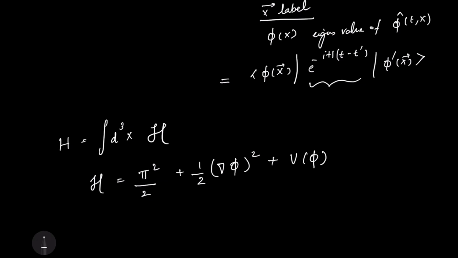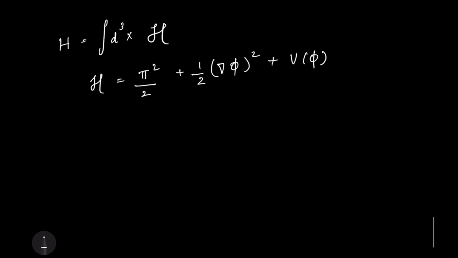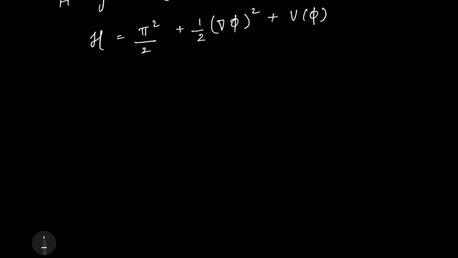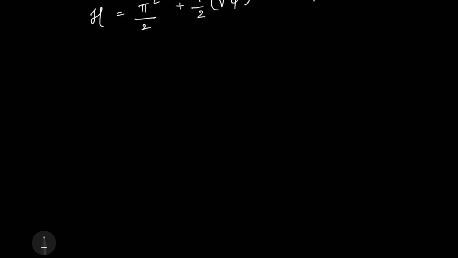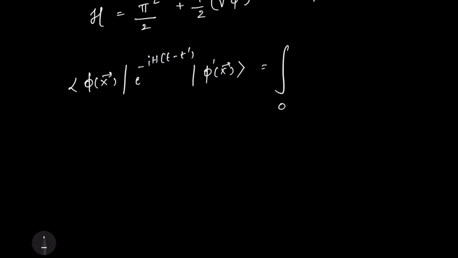Okay. If you remember the correspondence between quantum mechanics and quantum field theory, then everything else will be straightforward. So if I want to calculate phi of x, e raised to minus i H (t minus t prime), phi prime of x, then this will be equal to the integral, where instead of x, here we have phi of t prime, x prime equal to phi prime of x, up to phi of t comma x as phi of x.